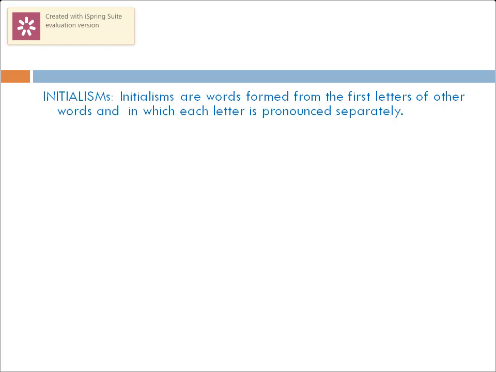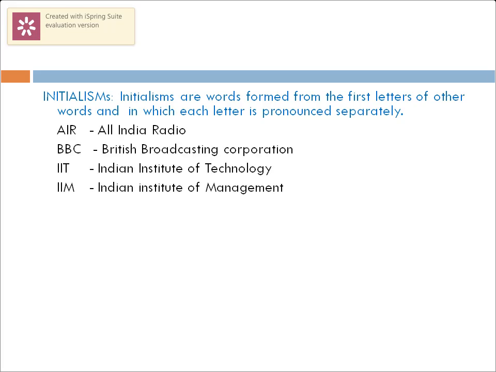Now let's come to the second category. What are initialisms? Initialisms also come under the umbrella of abbreviations, but these are abbreviations which are formed from the first letters of other words and in which each letter is pronounced separately. For example, All India Radio has an abbreviation AIR.